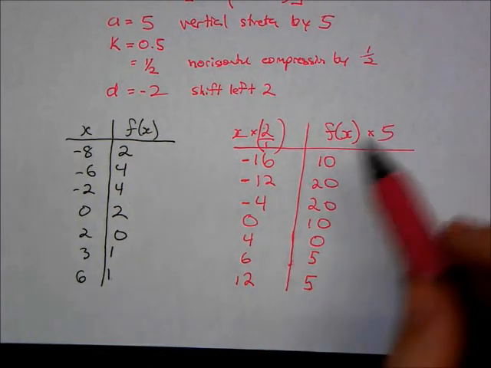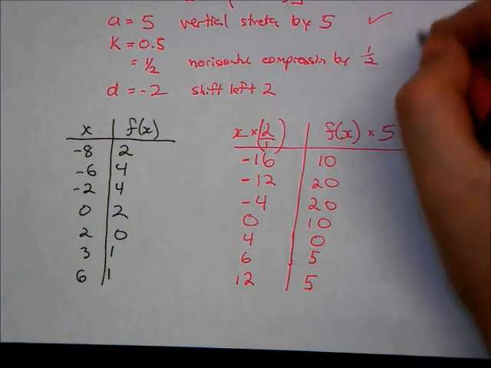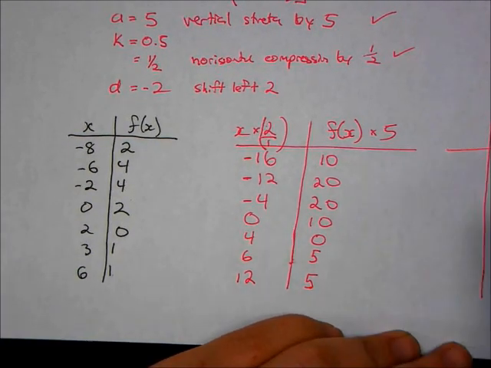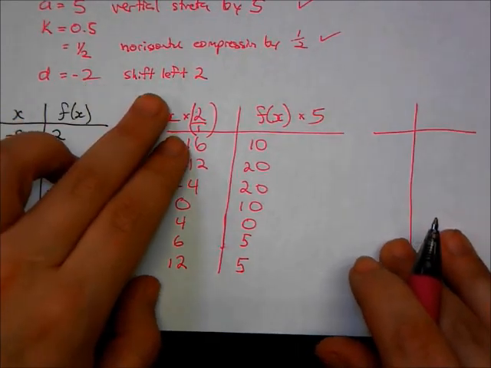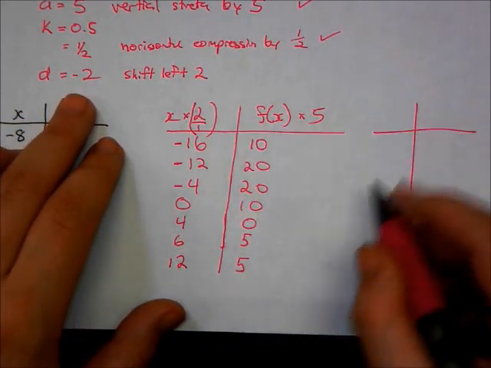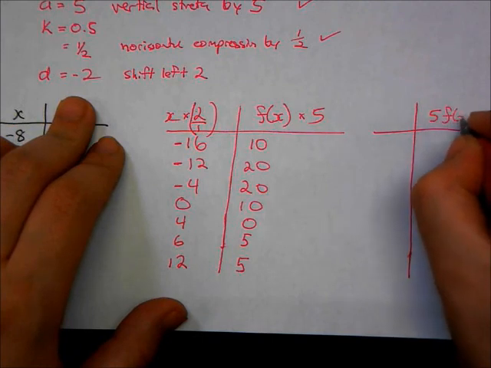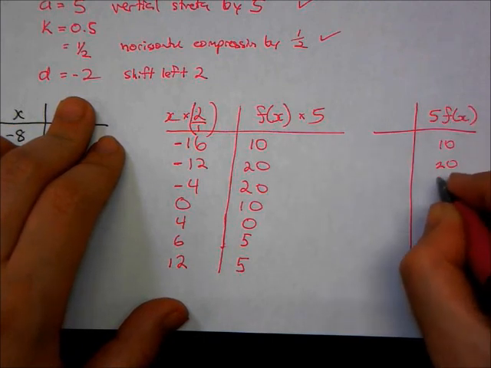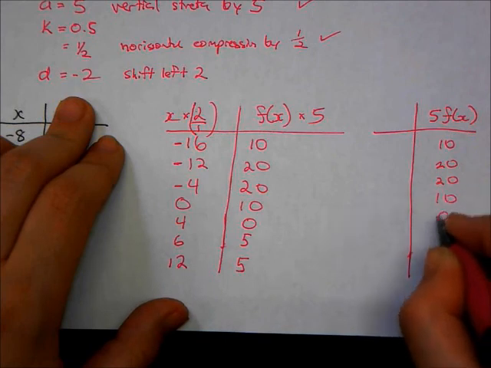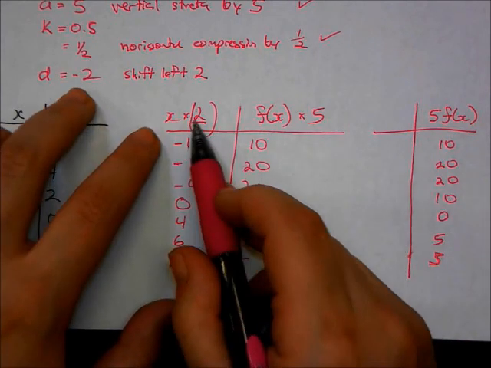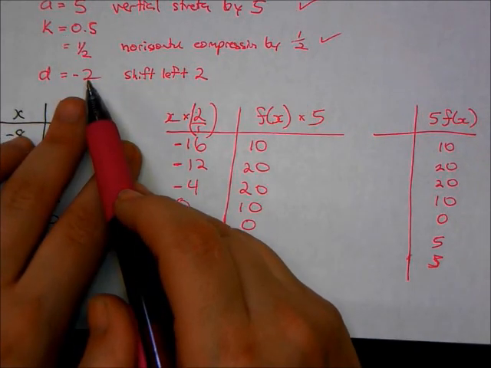Okay, so now I've applied my a's and my k's. Now I need a shift. I have a horizontal shift, but no vertical shift. This means that my last number is going to stay the same. This one is going to be moved left 2.